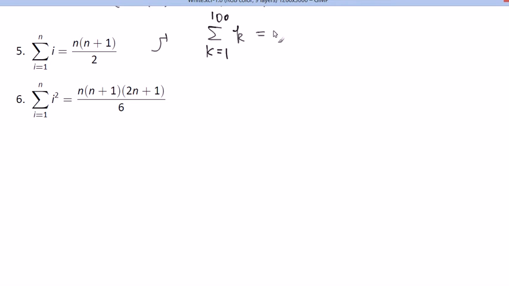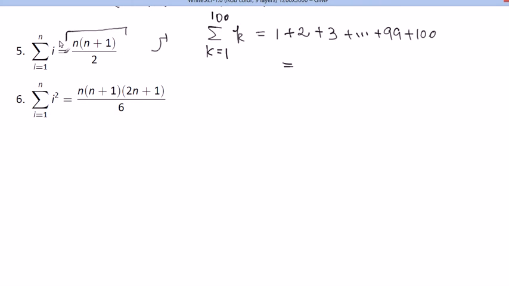What is the first term? 1, right? Second term? 2. Third term? 3. And go all the way up consecutively to 99 plus 100, right? Okay, so if you add them all, what's going to happen? Do you know the answer? The answer is given to you right here, right?